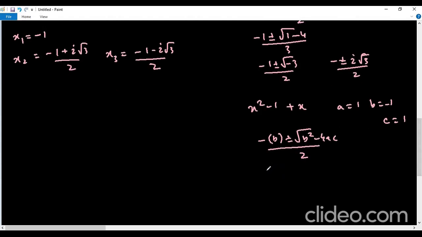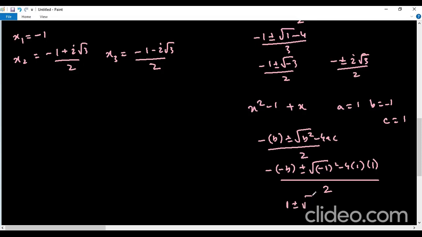Here the value of b is negative 1, so I will be using negative 1 plus minus under root b value is negative 1 whole square minus 4 ac is 1 and 1. That means this is going to be a positive 1 plus minus under root. This is going to give us 1 and minus 4 over 2.